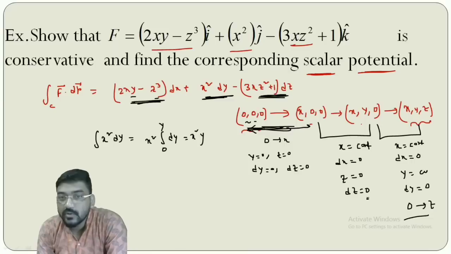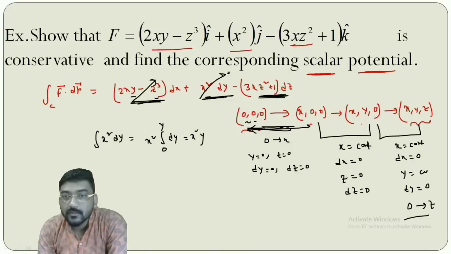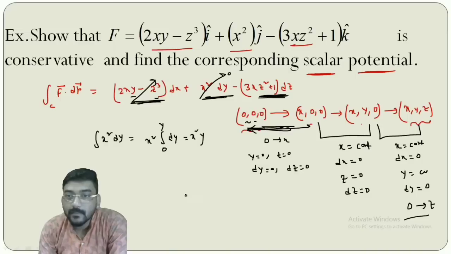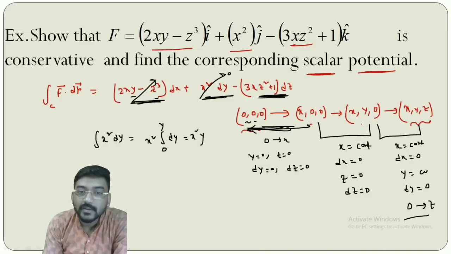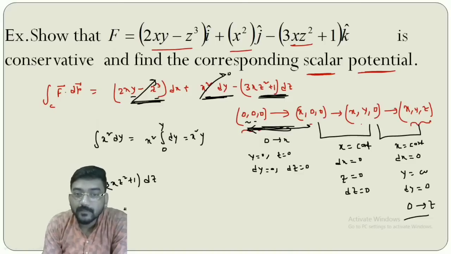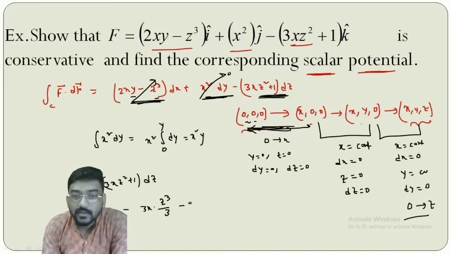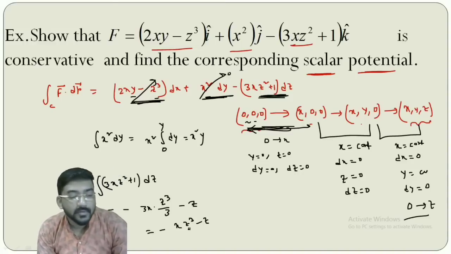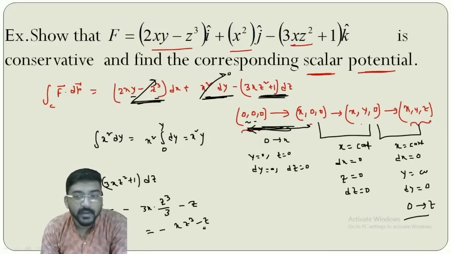So dx will be 0, dy will be 0, that means these two terms will be 0, and here x is constant, y is also constant, and z is the only variable, so we will get minus the integration of (3x z square plus 1) dz, and z varies from 0 to z, so it will be minus 3x into the integration of z square dz, which is z cube by 3, minus z, so it will be minus x z cube minus z. Yes, it will be minus x z cube minus z.